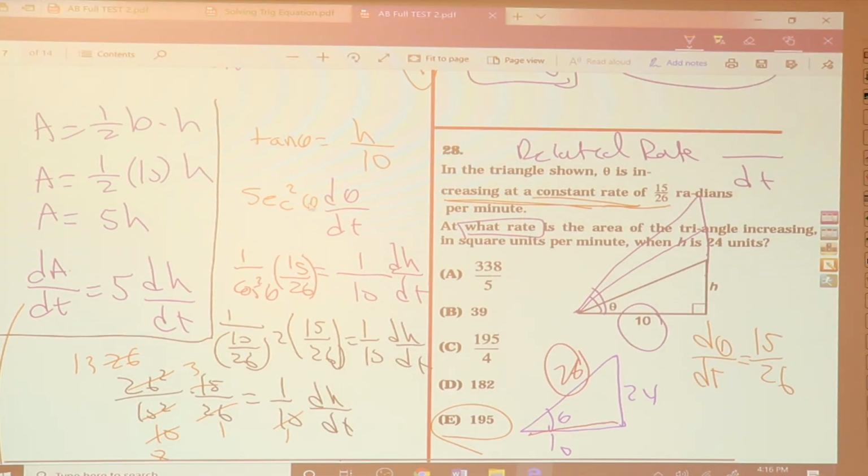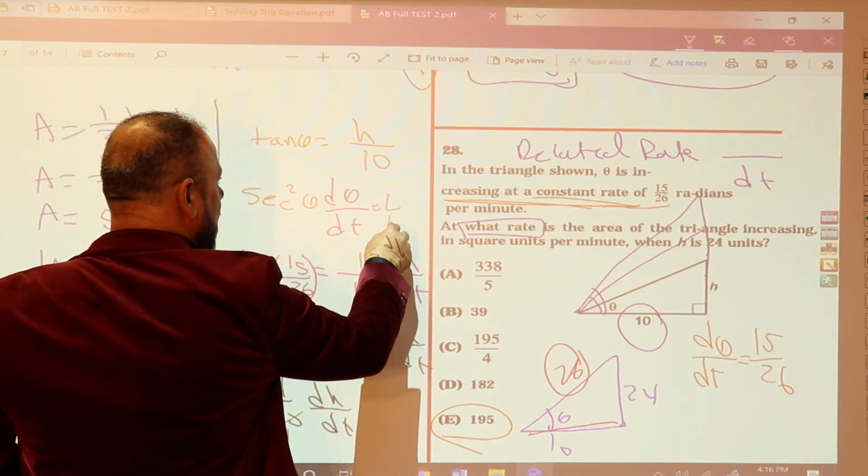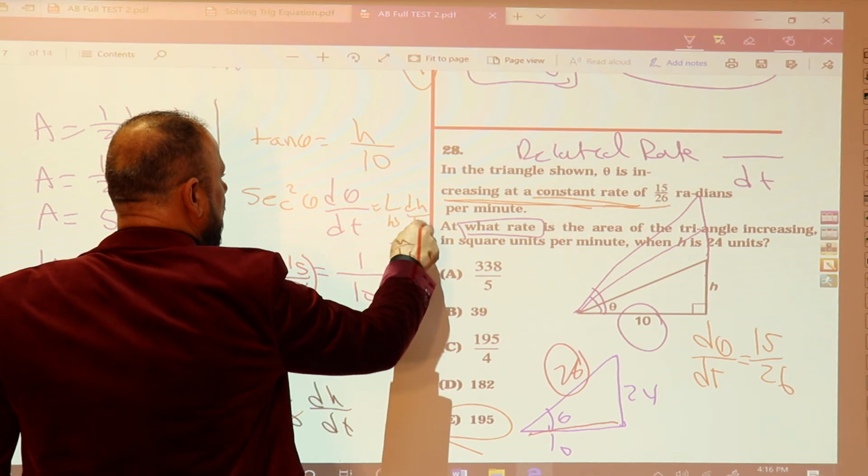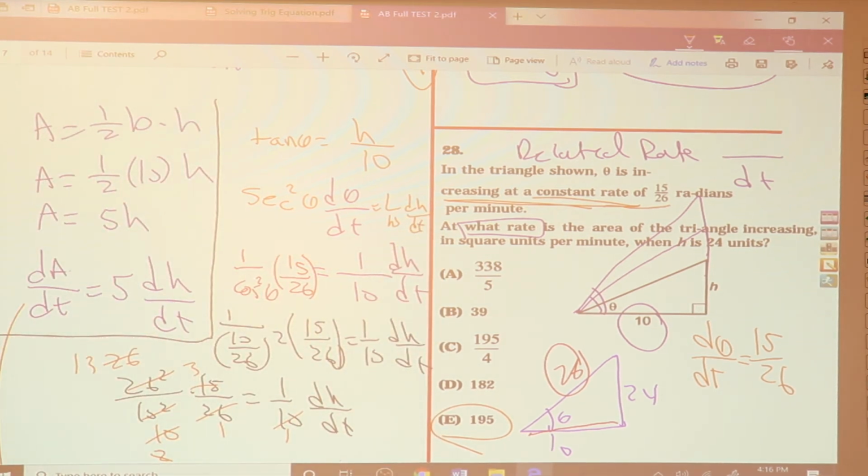Again, what we did in this problem: area is half base times height, half times 10, 5h, dA over dt equals 5 dh by dt. Then I need dh by dt. I said tan theta equals h over 10. Then I derive it: secant square theta d theta by dt equals 1 over 10 dh by dt.